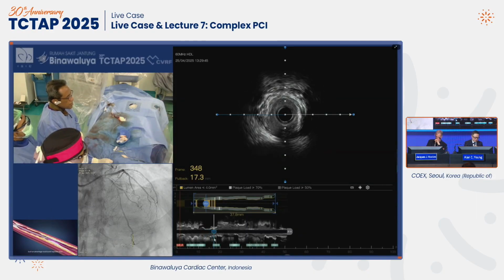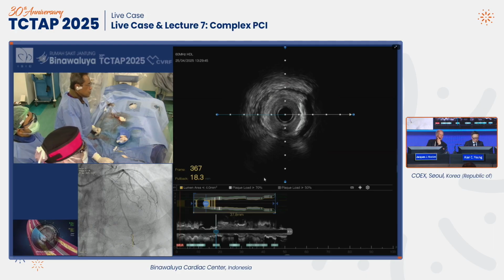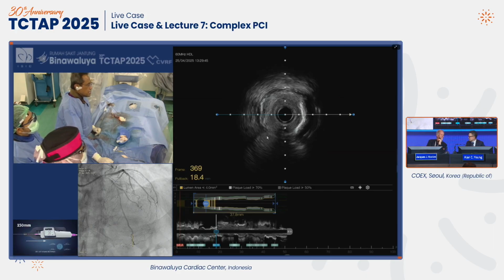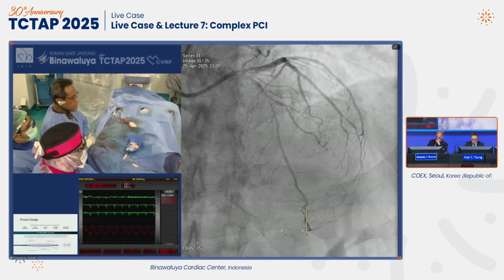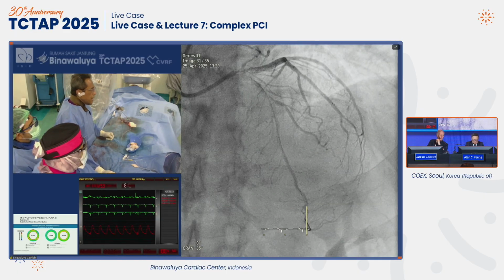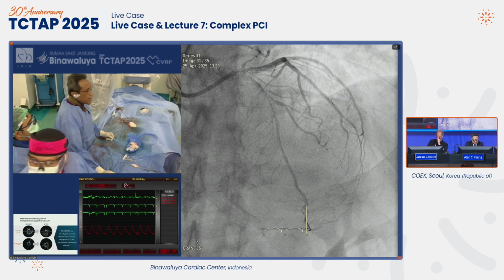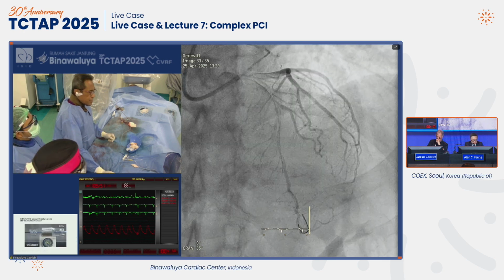But if the lesion is like this, I don't put the protection wire, because putting a protection wire is not without risk. Some risks might be perforation or trauma at the diagonal.